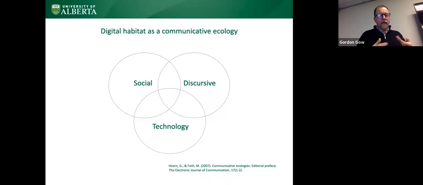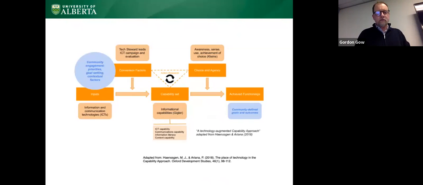So the aim of enhancing informational capabilities through tech stewardship is also a development strategy that we think is consonant with Amartya Sen's capabilities approach. The capabilities approach is a paradigm for human development that calls for creating conditions to enable individuals to achieve greater degrees of freedom and self-determination in how they live their lives through something called achieved functioning.